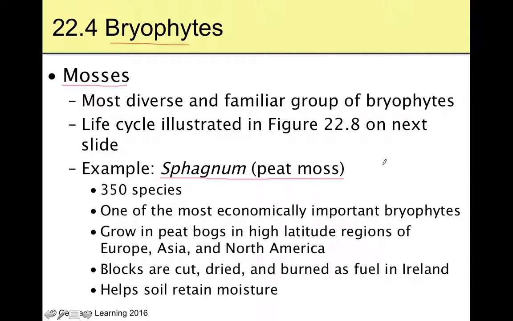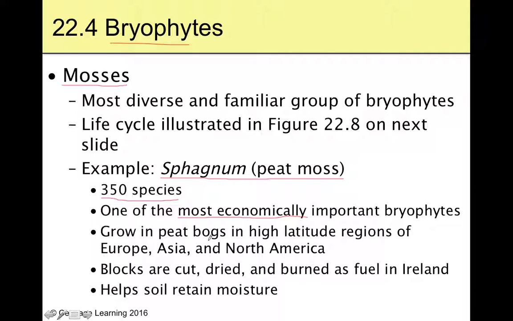There's 350 different species of just sphagnum moss, probably our most economically important. People have been using it for a long time because it absorbs so much water. You can use it as all sorts of stuff like diapers, and you can make, you know, pack like cushions to sit on with it, and all sorts of weird jobs people have found with it over time.